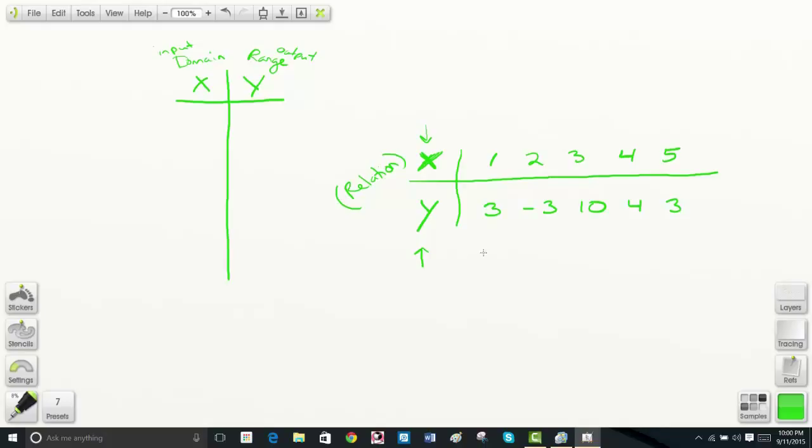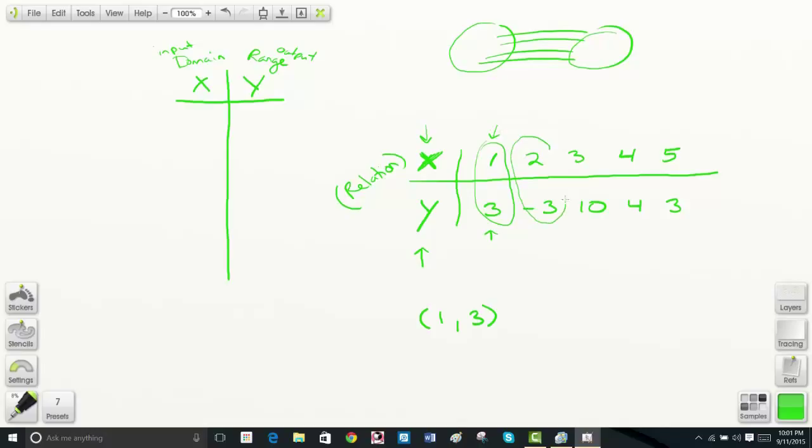Now I'm going to show you a third way. Hopefully these are all familiar, right? They should be. I'm just going through a list of how these all would relate. I could describe relations as two sets, kind of just linking numbers across. I can use a T-chart, or I can use what we call ordered pairs. So instead of writing this as X and Y in two rows or two columns, I could pair them up. I could say 1 goes with 3. Where did I get that? Well, I got that right here. Input 1, output 3. Then I could look at my second pair.